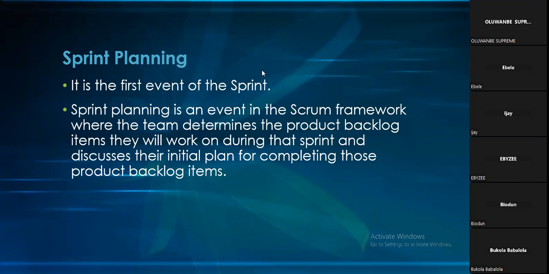I'm trying to break it down in the simplest way I can and not to bore you. Now, the third leg of this is the increment. So an increment is like all those PBIs that we've done, right? We've now made it into a sprint backlog.